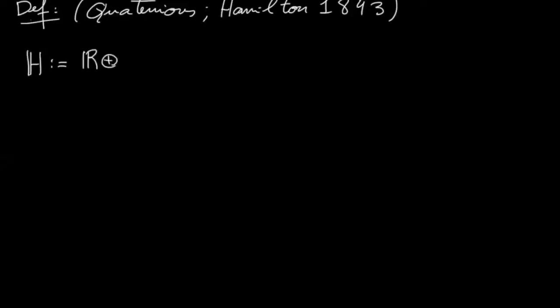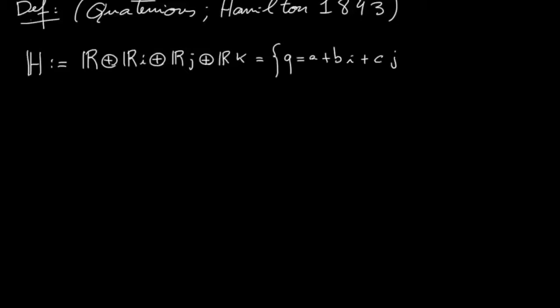So one considers a real vector space where i, j, and k are formal symbols. More concretely, a quaternion is of the form a plus bi plus cj plus dk, where a, b, c, and d are real numbers.